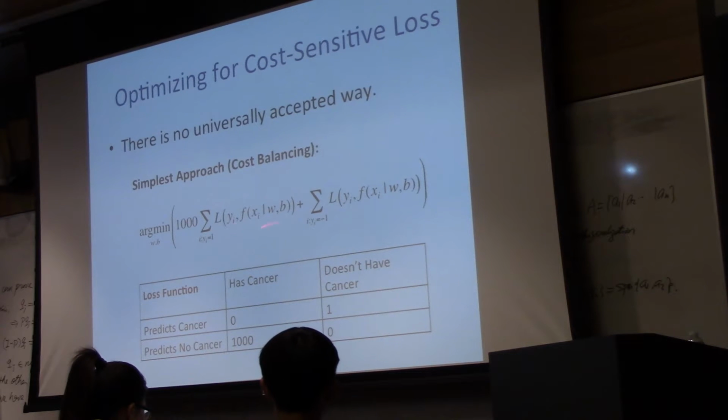We minimize the same loss function, except for examples where the true label is 1, the cost of mispredicting is 1,000 times greater than the cost of mispredicting when the true label is -1. And this is just, up to some scaling, another instance of the kind of loss minimization we've been talking about in this class. You can just derive the gradient and solve it.